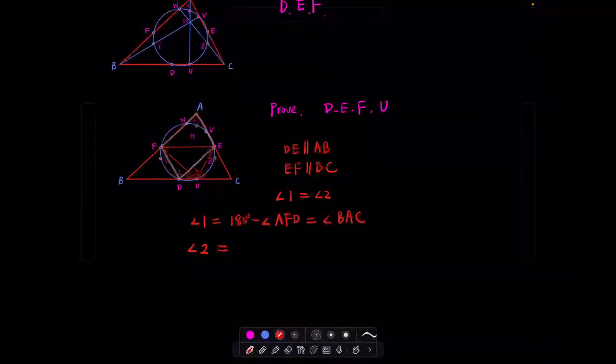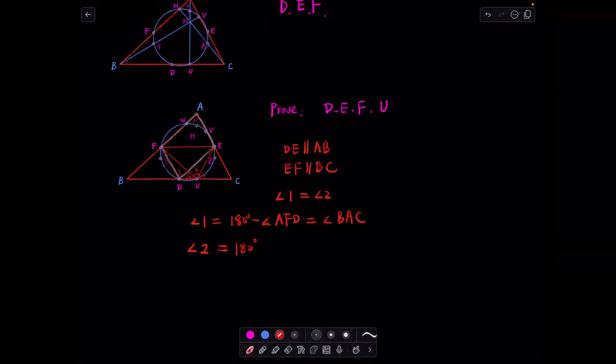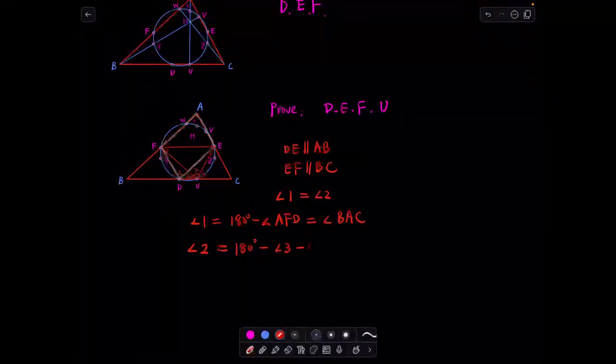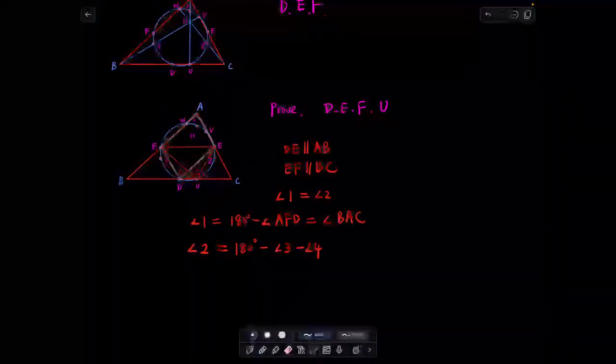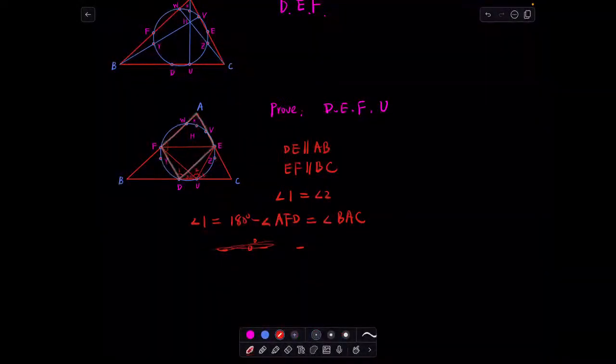So 180 degrees minus angle 3 minus angle 4, right? Alright, this is actually not the way to go. Let me see. Wrong thought. Okay, sorry about that. Let's erase that here.